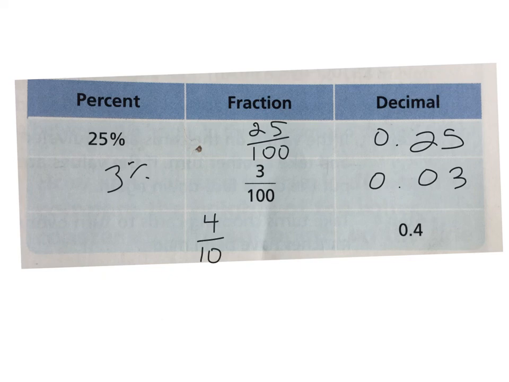And what would that be to 100? So you multiply this by 10 because you want to get 100, multiply that by 10 to get 100, and it would then equal 40 over 100. And then what percent would that be? Because it's now out of 100, the answer is 40%.